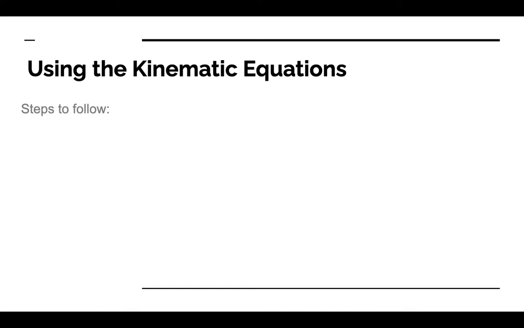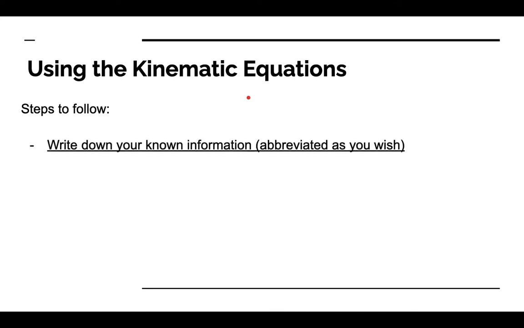So to use the kinematic equations, here are the steps that we're going to follow. Because we do have three equations, we need to determine which of the three are best used for a specific scenario. So steps to follow is that we're going to write down our known information, abbreviate as you wish. You can call it U, you can call it K or I, whatever you wish to abbreviate your known information as, okay? So then we write down our unknown information. I abbreviate this as a U because of the unknown.